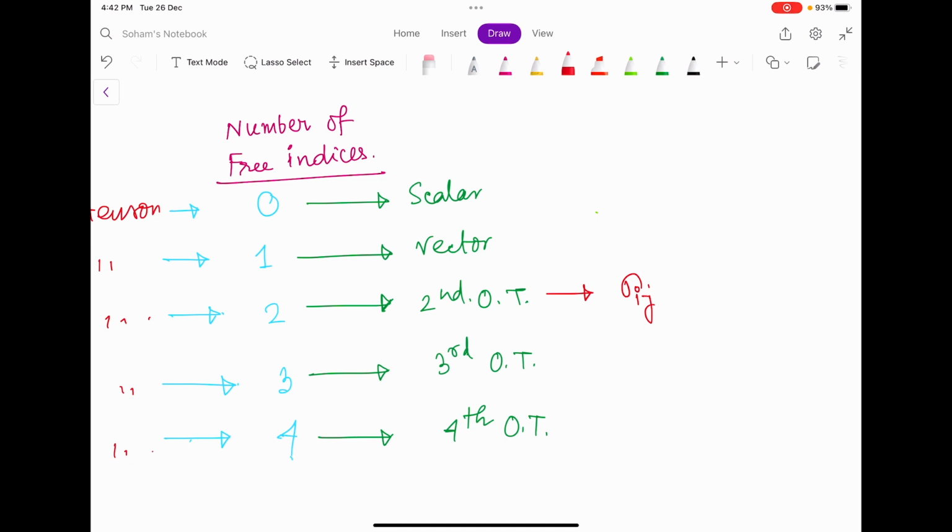And there is a vector called the traction vector. So this is a vector actually.